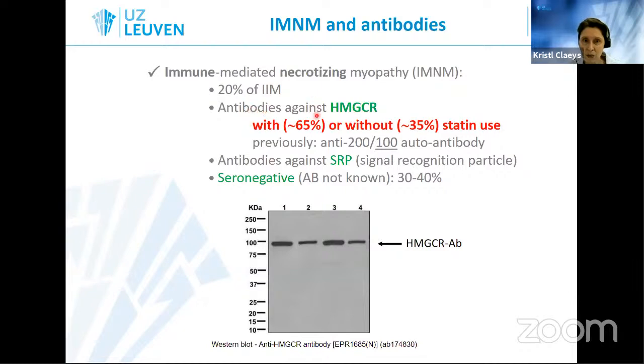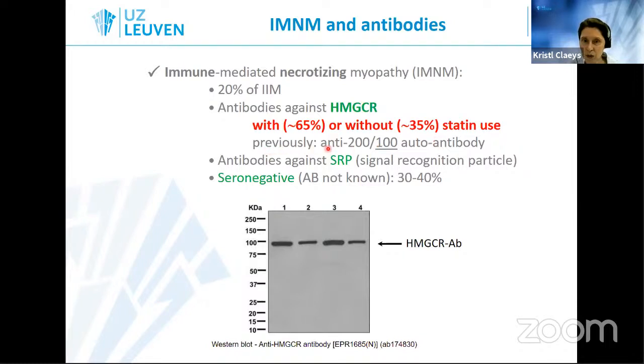In the cases with antibodies against HMG-CR, it's important to realize that many patients have taken statins, but not all of them. Around 65% of the patients will have taken statins or related drugs before or at the time of the diagnosis, whereas 35% of the patients will have never had any contact with a statin.